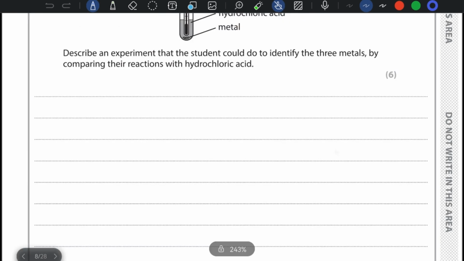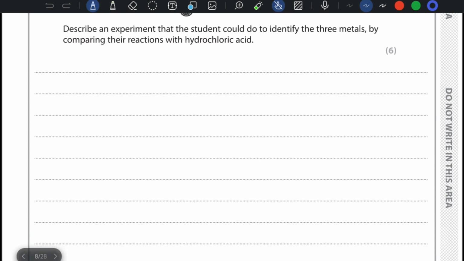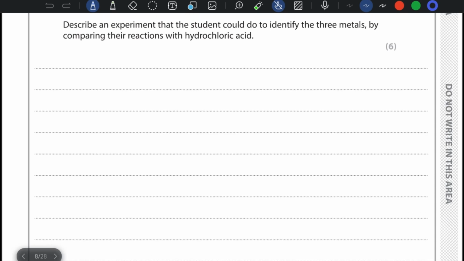So let's go back to our question and write what we want to do. But remember, you have to make a fair test. Fair test like what? Like using the same mass of metal, same surface area of metal. So let's write the answer for this question. We can measure, as in the experiment, a specific volume, or let's say 2 cubic centimeter of hydrochloric acid into the test tube.